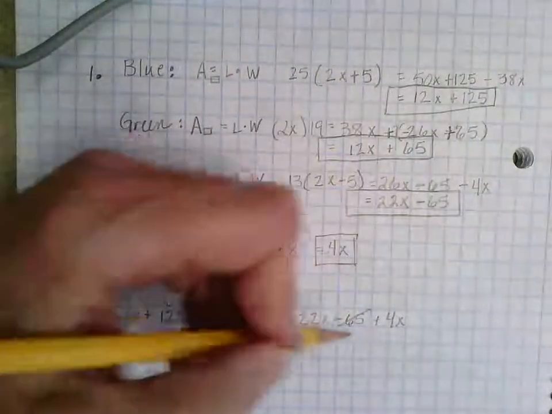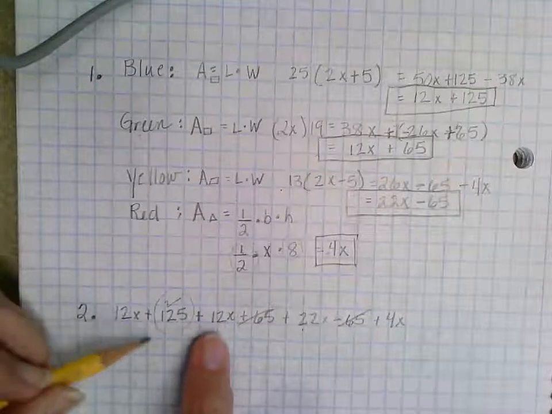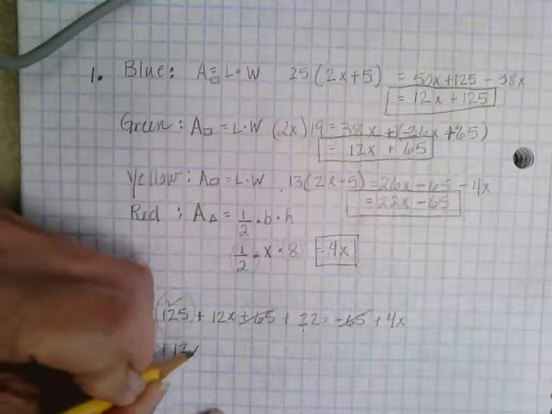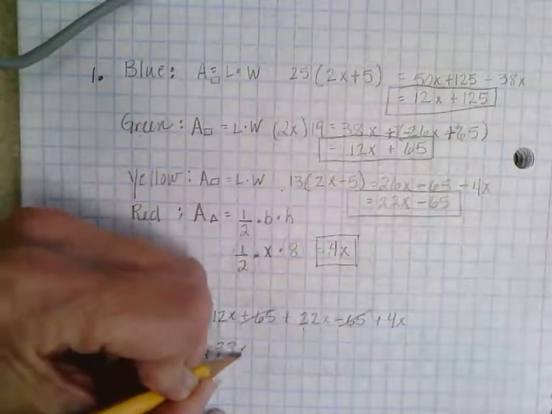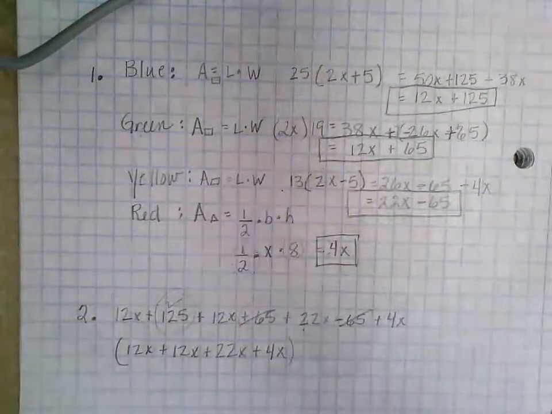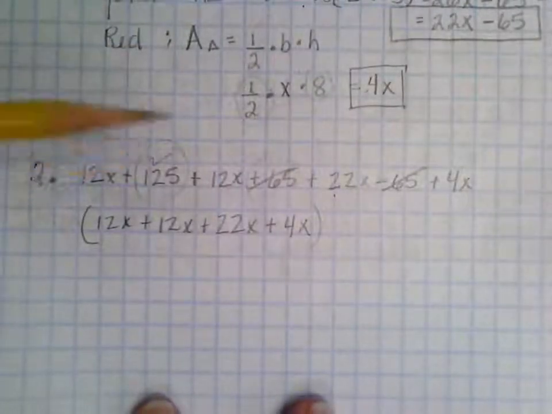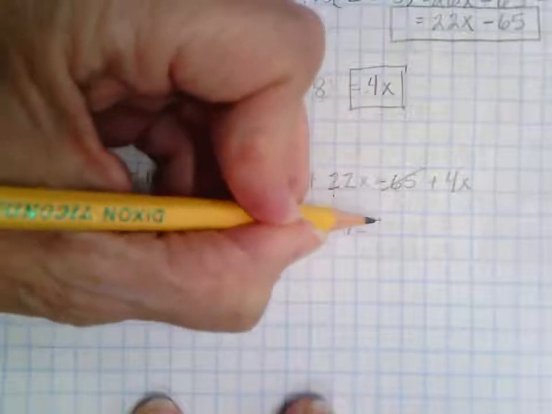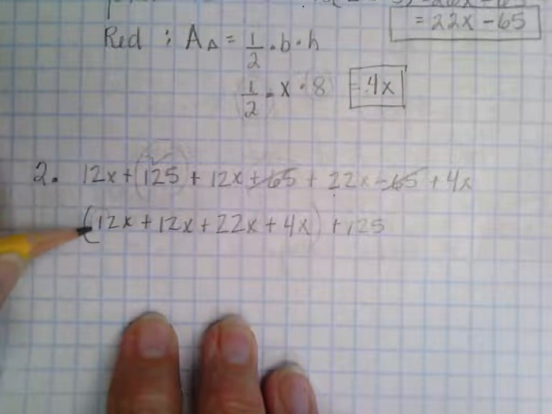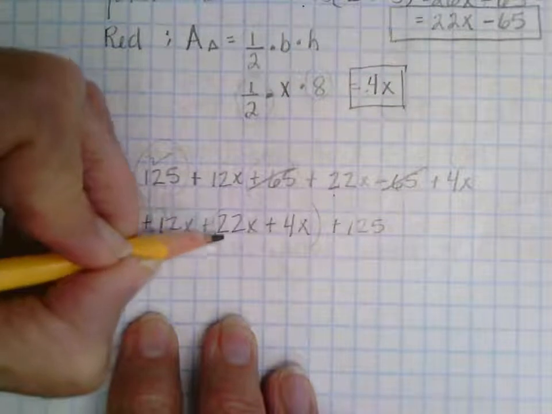That's just personal preference. The only other constant I have is 125, so I'm going to hang tight on that one, and I'm going to start combining my x's. So 12x plus 12x plus 22x plus 4x. Those are all of my coefficients, and I'm just putting the parentheses around them to show grouping. And then I have my 125. Now when I start adding these, I'm going to add my tens first. I have 10, 20, 30, 40.